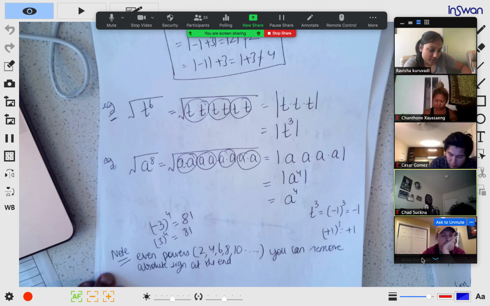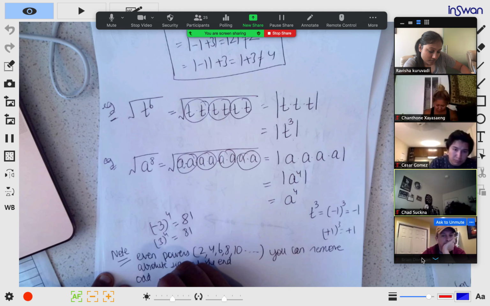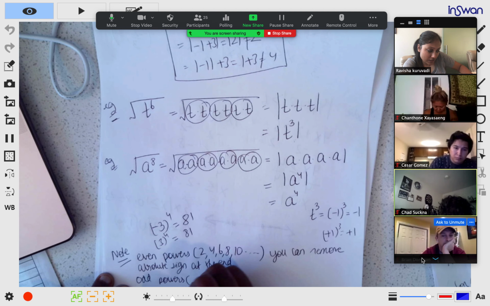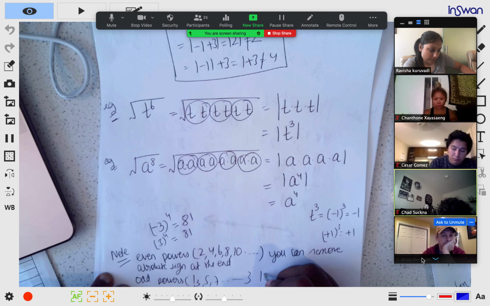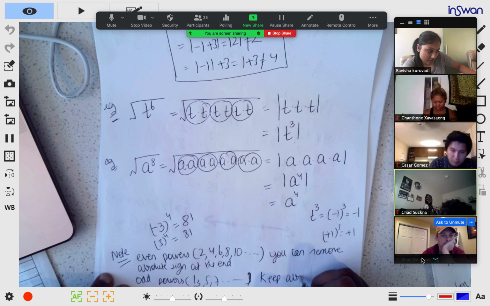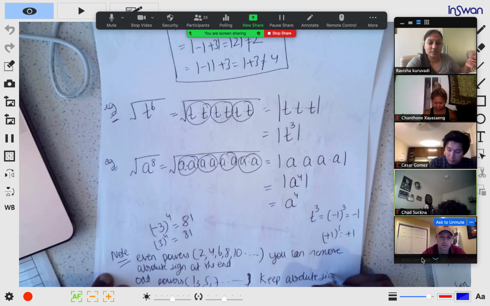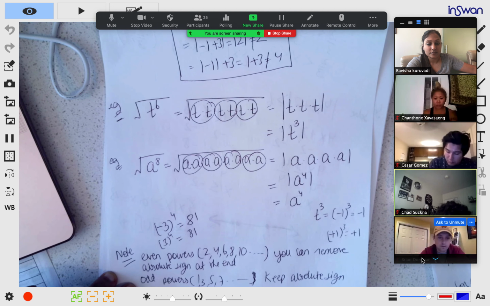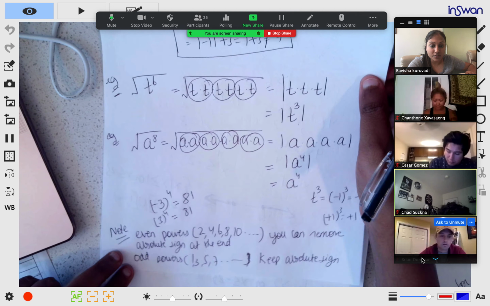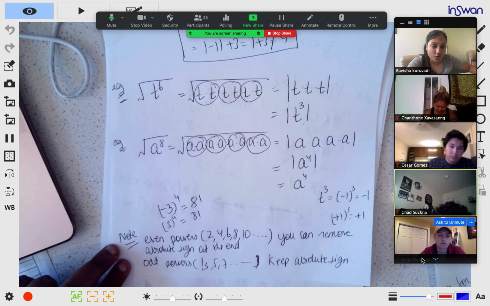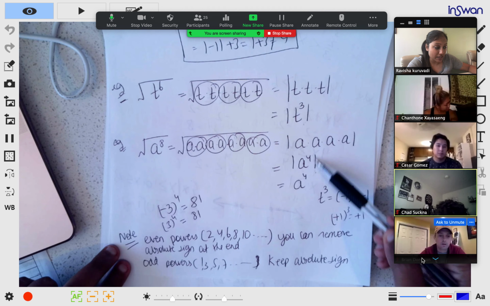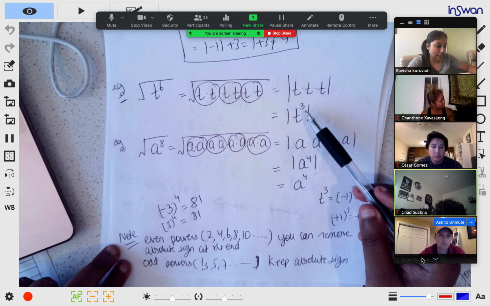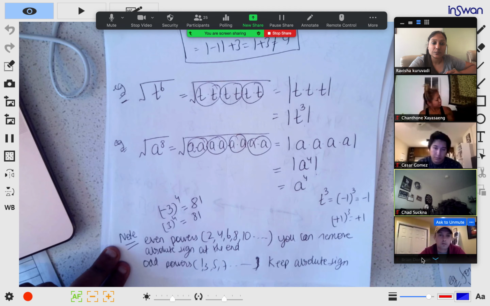Odd powers like 1, 3, 5, 7, keep the absolute sign. In case of variables, if you have even powers like 2, 4, 6, 8, you can remove the absolute sign at the end. But in case of odd ones, keep the absolute sign as it is.